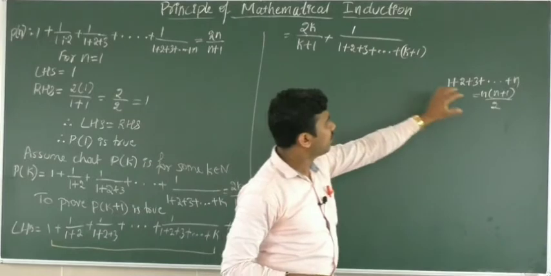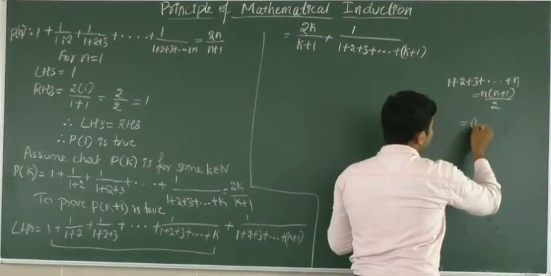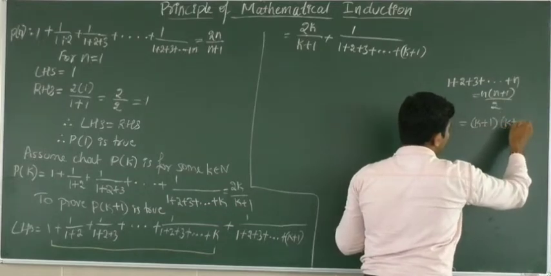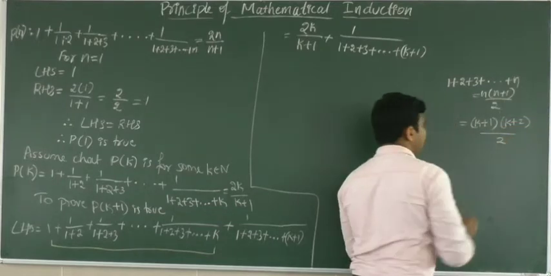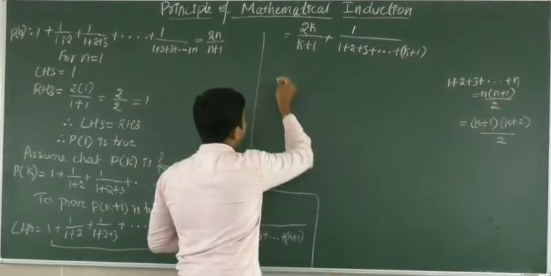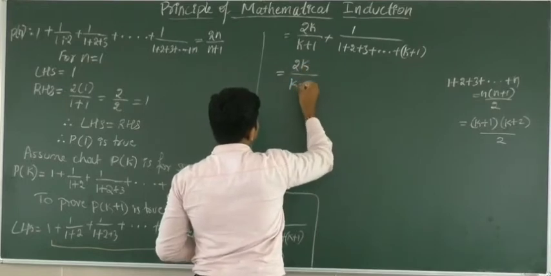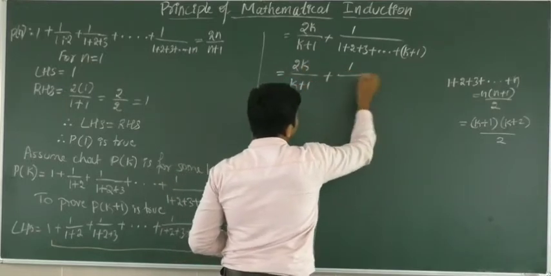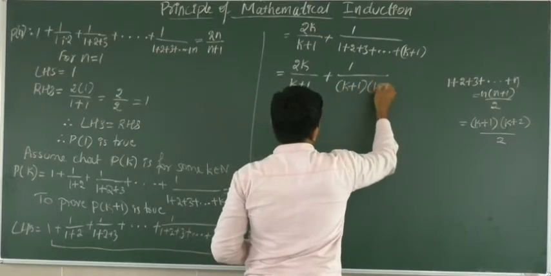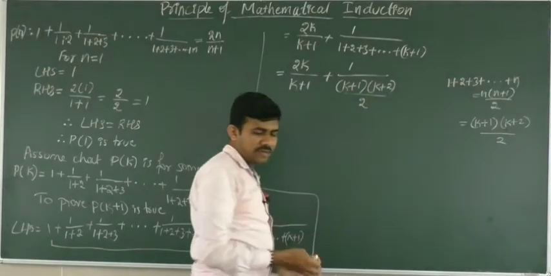So in the formula we replace n as k plus 1, then we get k plus 1 into k plus 1 plus 1, that is k plus 2, whole divided by 2. So this is the value of the denominator. Now write down 2k divided by k plus 1 as it is, plus 1 divided by k plus 1 into k plus 2 whole divided by 2.